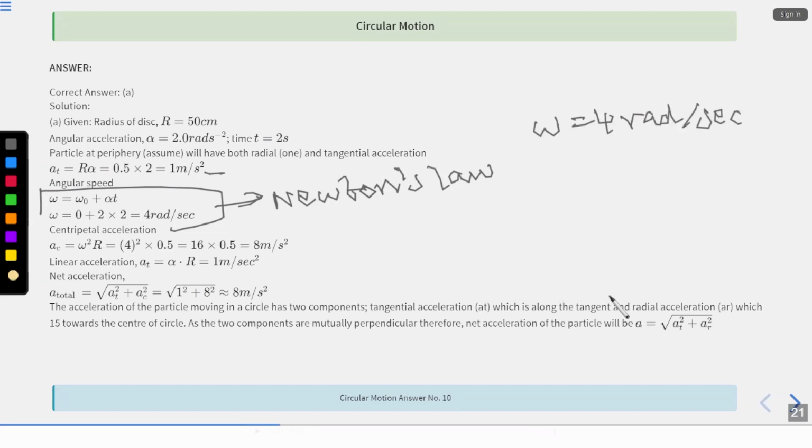And then we'll calculate the centripetal acceleration, and that is equal to omega square r. So substituting the values, you'll get 8 meter per second square. But then the linear acceleration, we calculated it over here, that is a tangential, that is equal to 1 meter per second square. So what we'll do is we need to calculate a total, right?